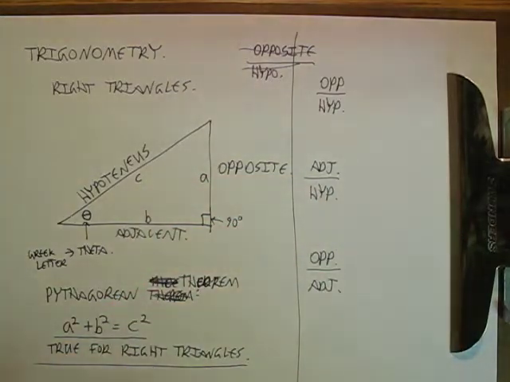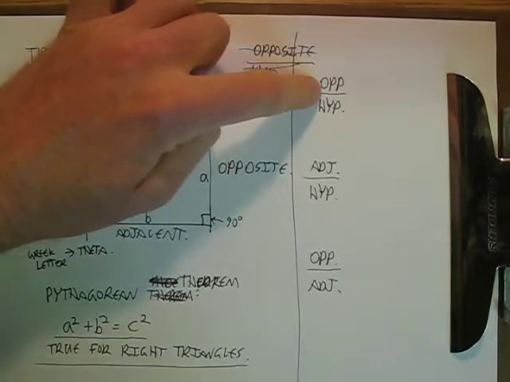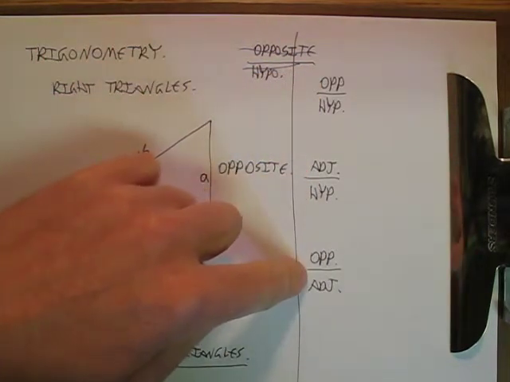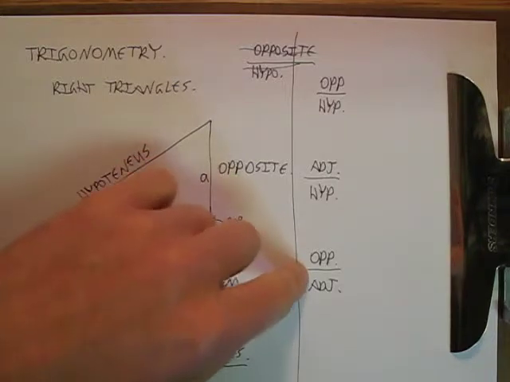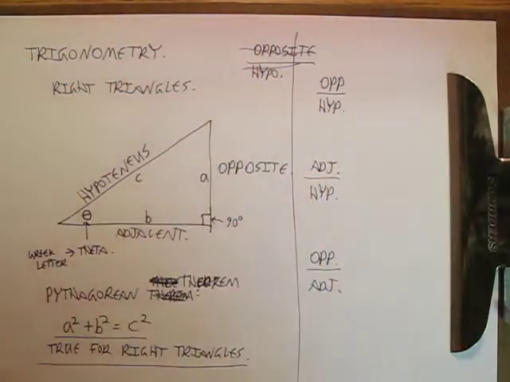Now there's actually three more that we could have done: hypotenuse over opposite, hypotenuse over adjacent, and adjacent over opposite. Those are going to be important in math class for you, but in physics class we're just going to stick to these three.